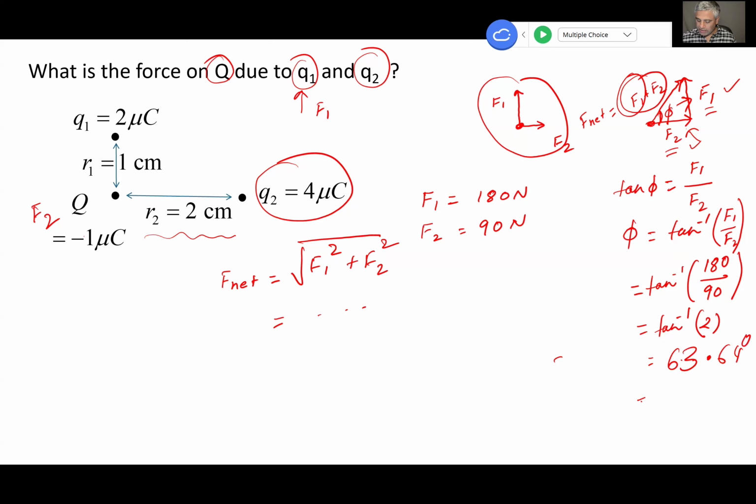So that tells me the angle is 63.64 degrees. But this being just a one sig fig problem, you want to round it to 60 degrees. Which angle is 60 degrees? That was the angle made with the F2, right?